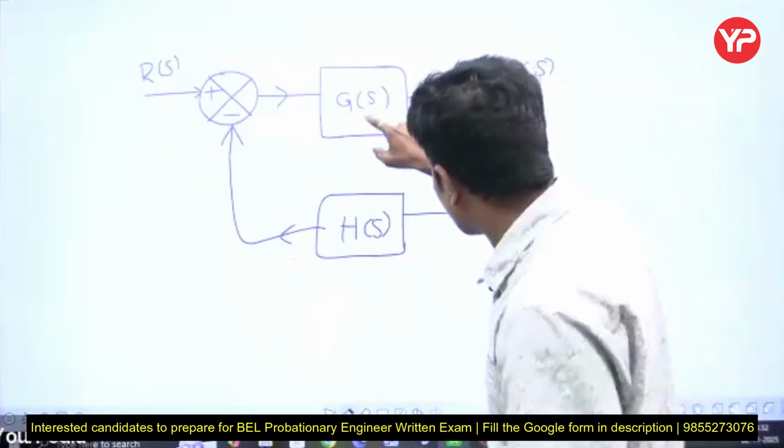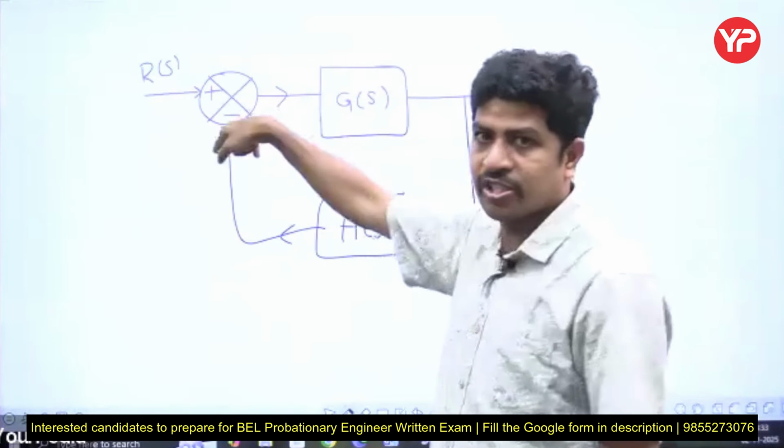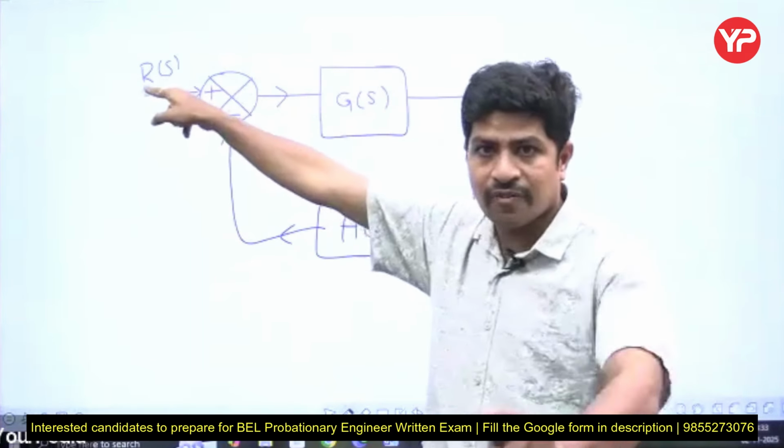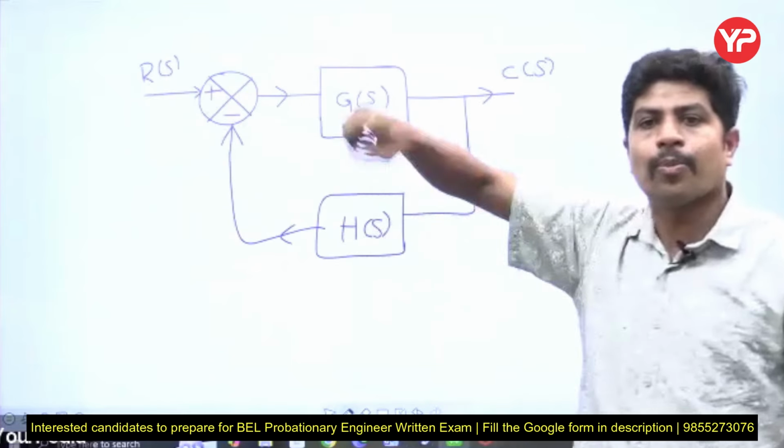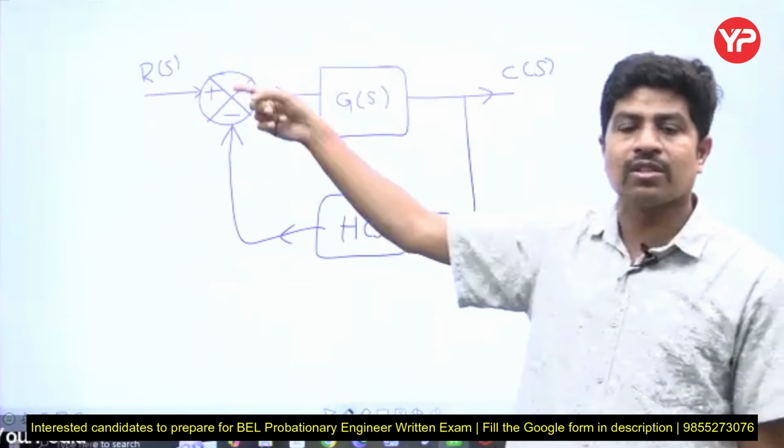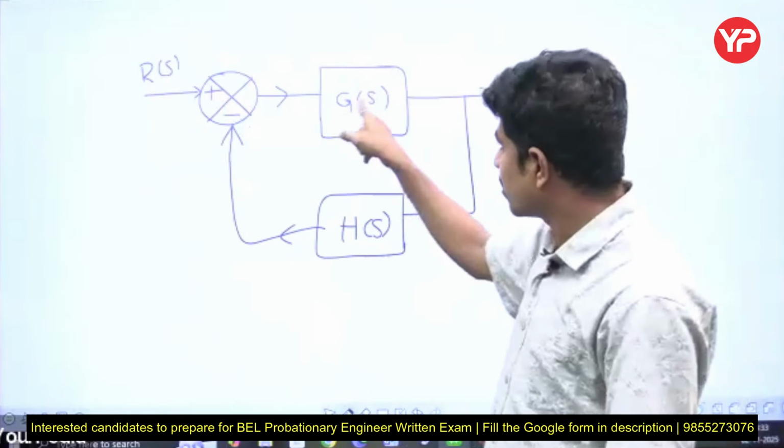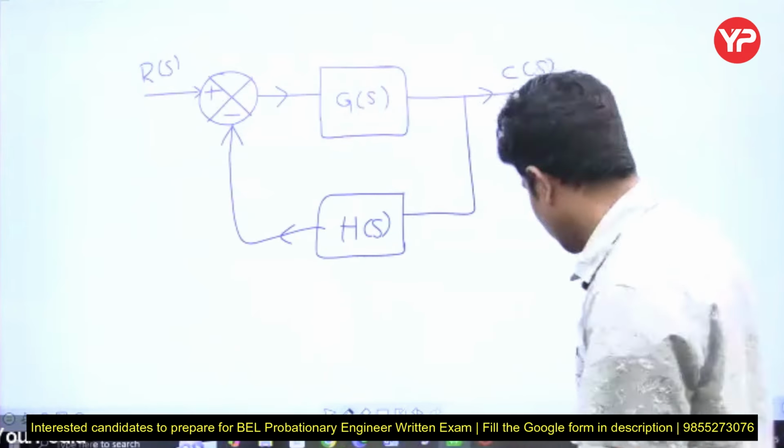Now you tell me, if g of s changes, obviously the transfer function will change. If r of s changes, the transfer function is not going to change. If r of s changes, c of s is going to change proportionately, and your transfer function will remain the same. So the transfer function depends upon g and h, which are called system parameters.